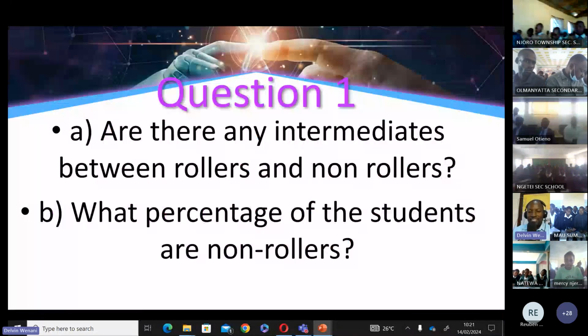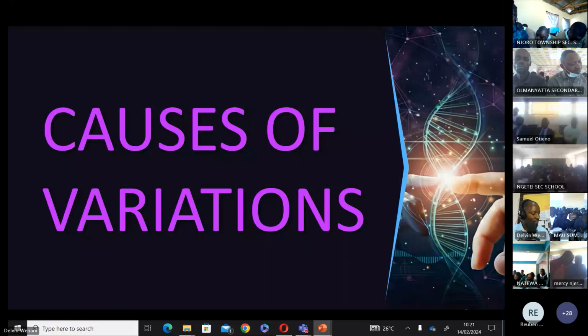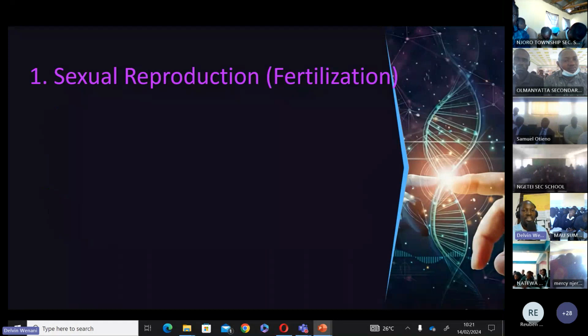Now, we have talked about this variation. What are the causes of variation? Cause number one is sexual reproduction, or fertilization.